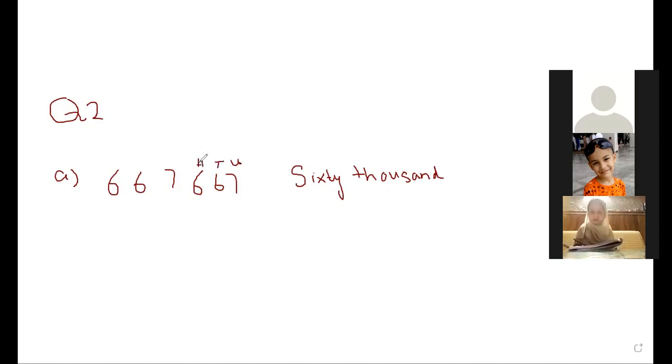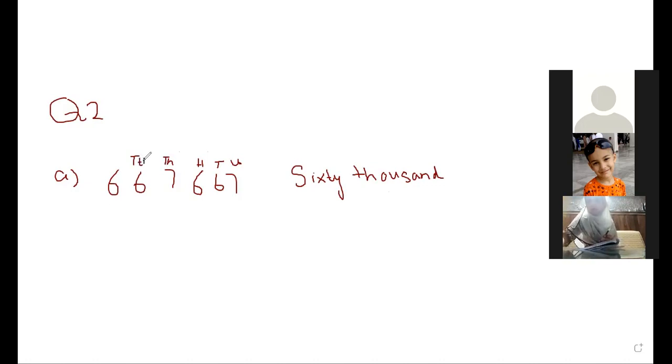After 100, we have 1,000. Then the next one is 10,000. First T is for the 10, and the next one is for the 1,000.